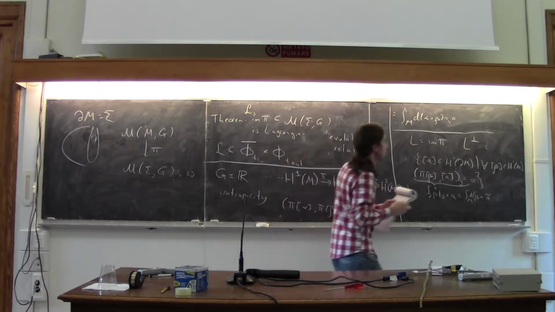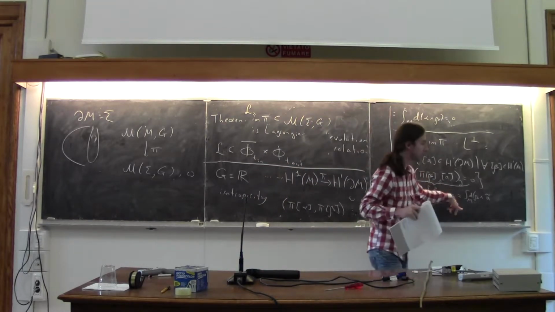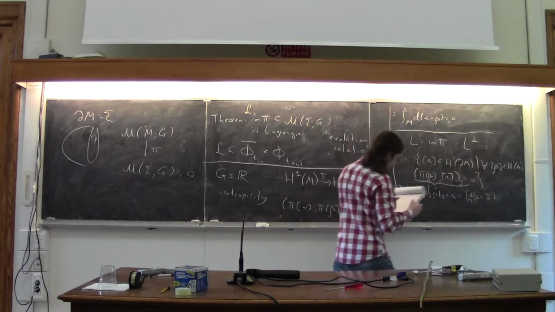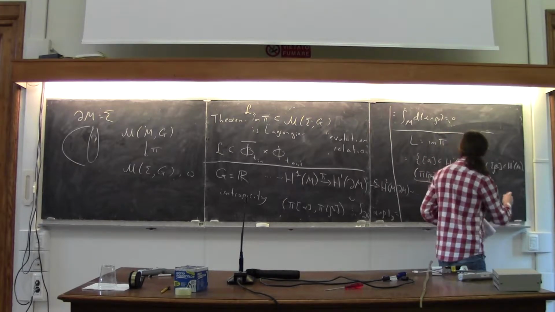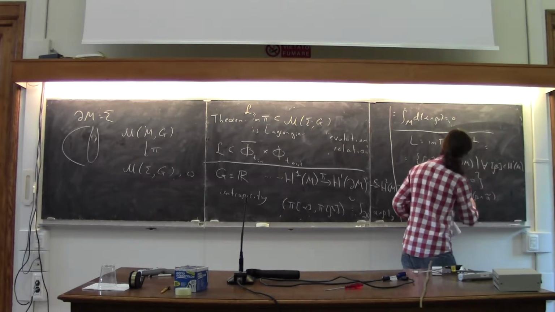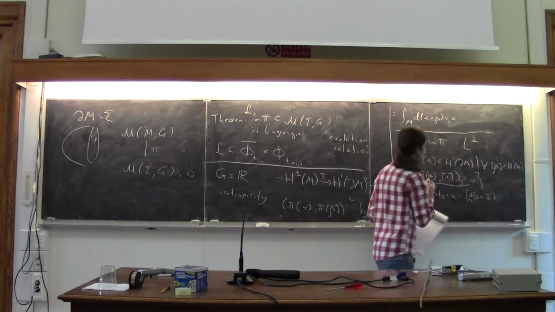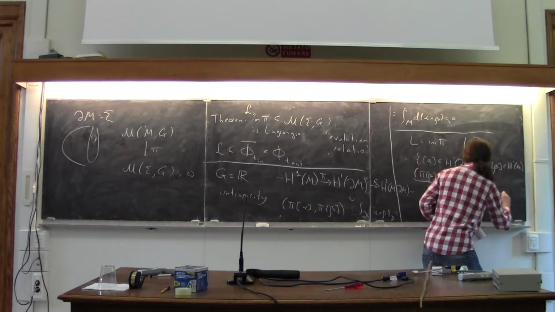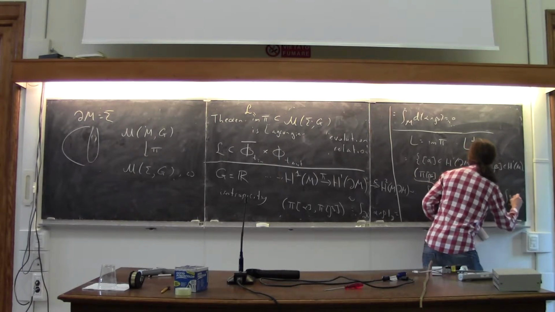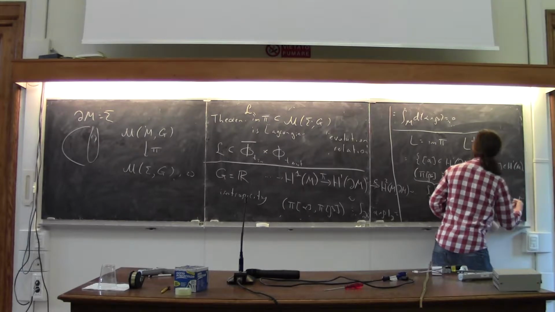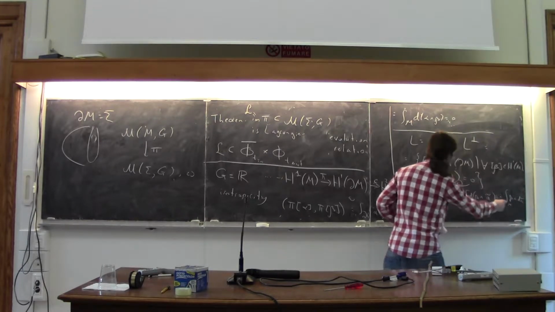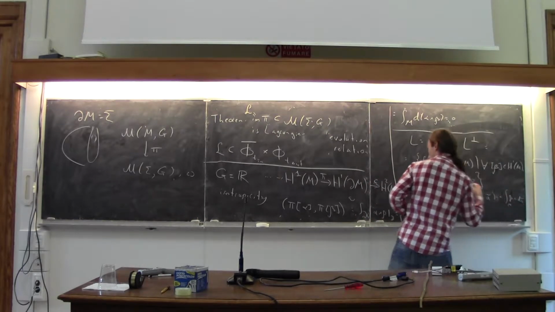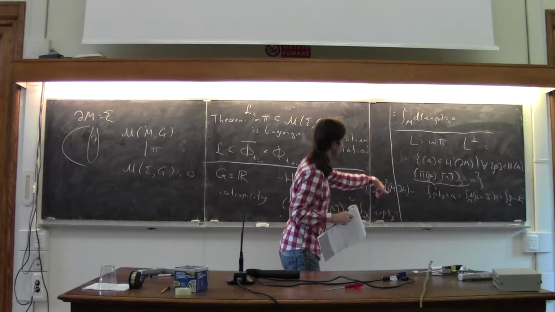It may be that A cannot be extended as a closed form in the bulk, which makes the story non-zero. Since beta is closed, up to a sign this is minus the integral over M of beta wedge d of the extension. And so the class of this form is exactly the value of the connecting homomorphism.